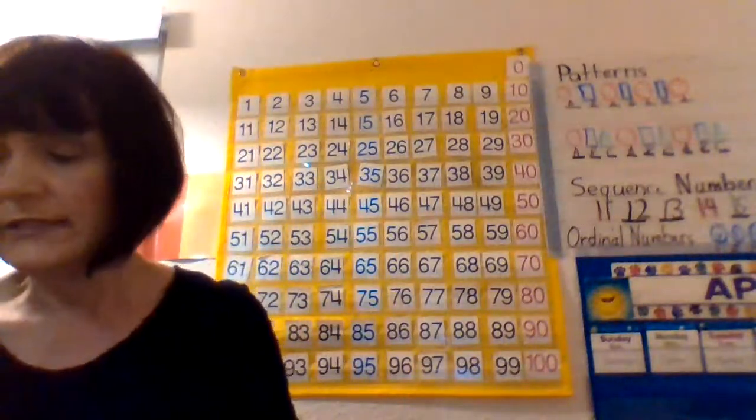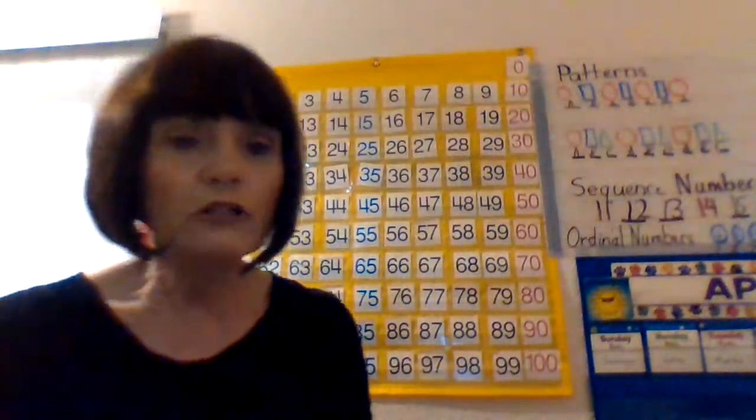Now let's look at these numbers. I want you to read these numbers with me. They are also out of order. They are not in numerical order. Are you ready?